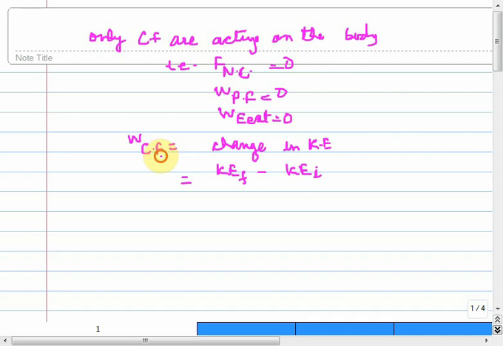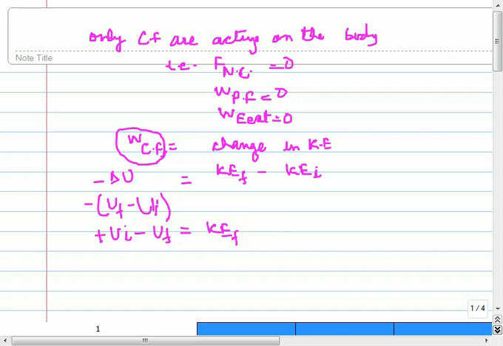Now this we have already defined. This is minus delta U. This is minus of U final minus U initial. So this can be written as minus U final plus U initial is equal to KE final minus KE initial.